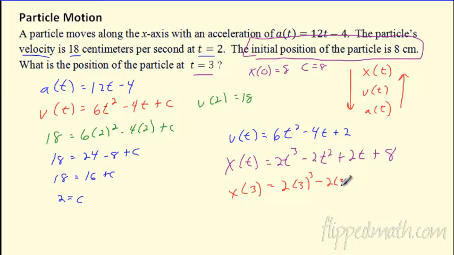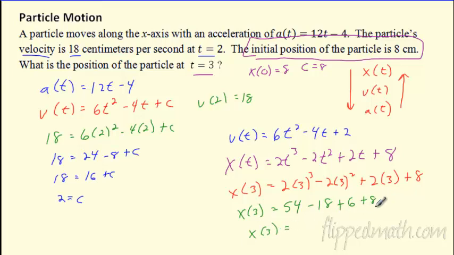I love it. So put the 3's in all of these t's here. I'll get the plus 8. Excellent. And here we go. So what do we got here? 3 times 3 times 3 is 27. Times that by 2, you get 54. 3 squared is 9. Times that by 2, you get 18. 2 times 3 is 6 plus 8. So let's just finish this out.